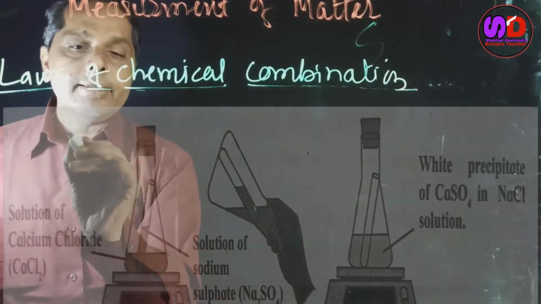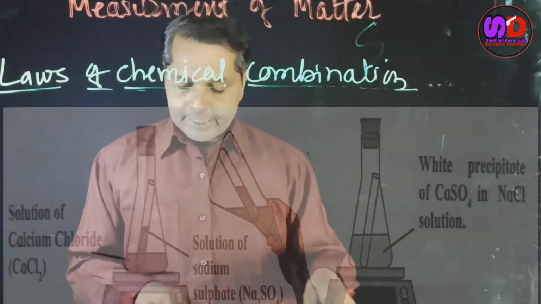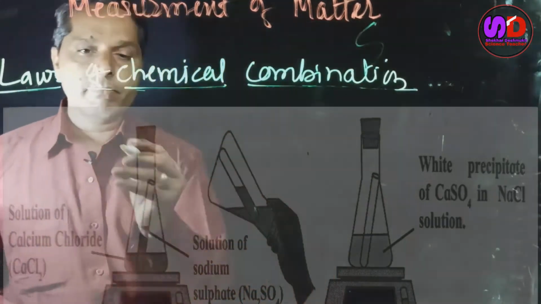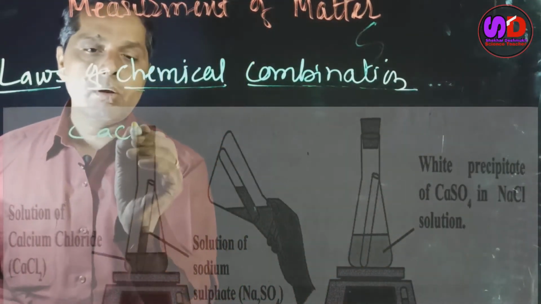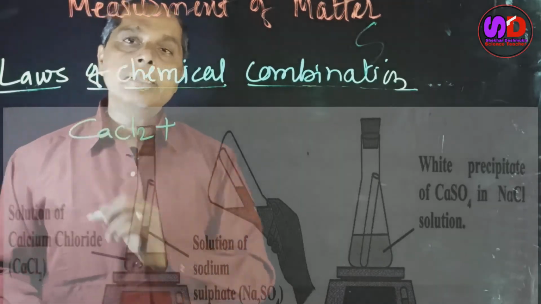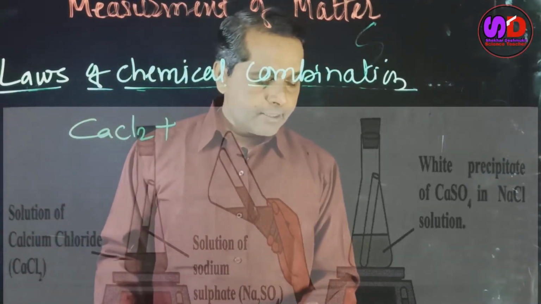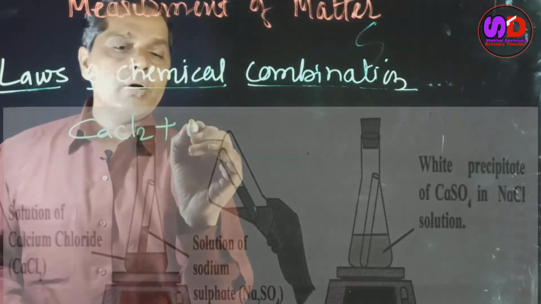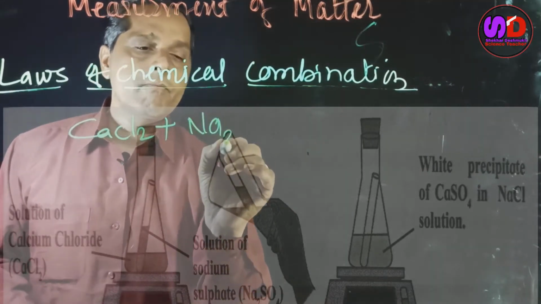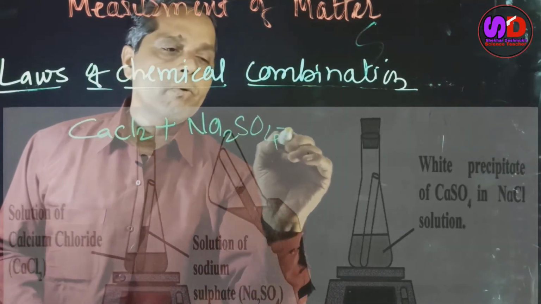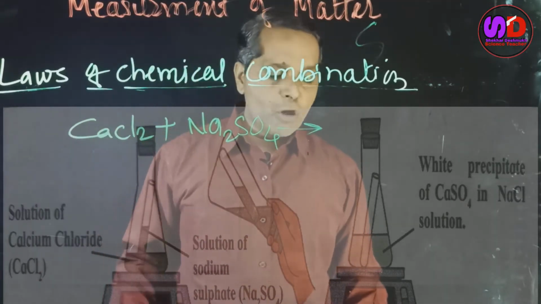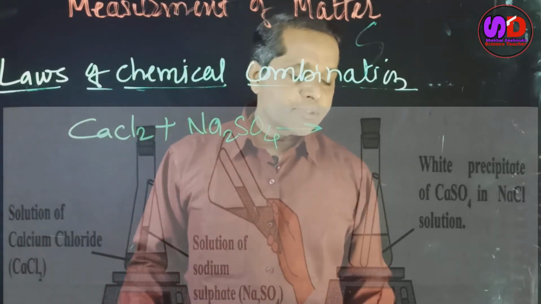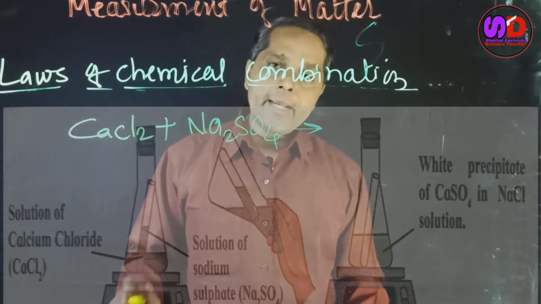Calcium chloride, that is CaCl2, plus sodium sulfate, that is Na2SO4. What should be formed? Here calcium sulfate and sodium chloride are formed.